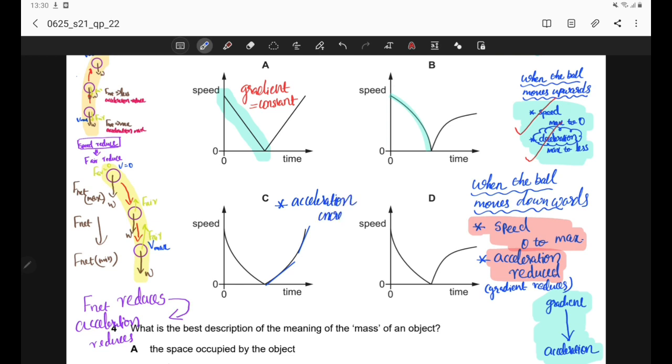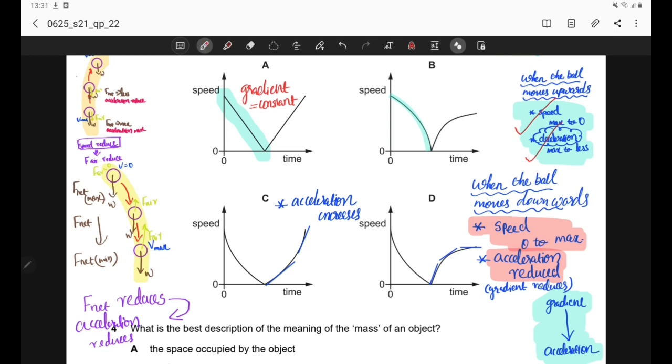But for this ball falling downwards, we have seen the gradient should reduce, or the acceleration should reduce. So we can check the gradient of this line. When you plot straight lines, you can see these gradients are becoming less steep, or gradients are reducing. That means the acceleration is reducing.